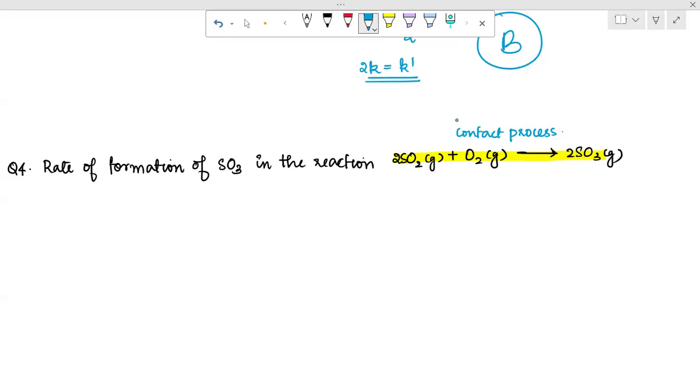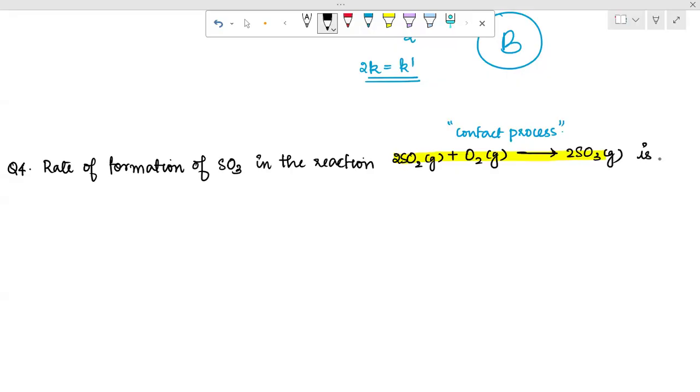Okay. So now whenever in question papers, even if they don't give you the reaction, if they just mention the name of contact process, it should come into your mind that contact process is the place or reaction where SO2 reacts with O2 to form SO3. And you can do the balancing by your own.